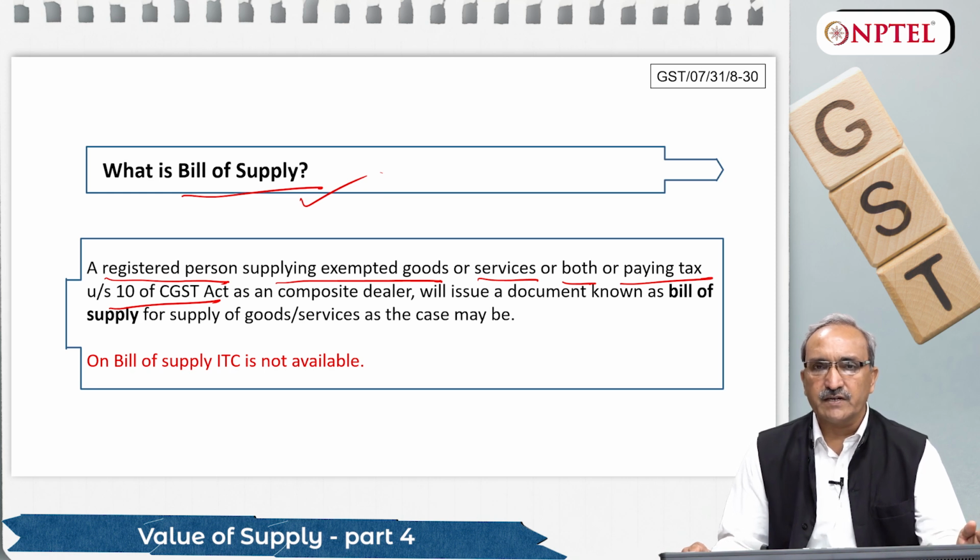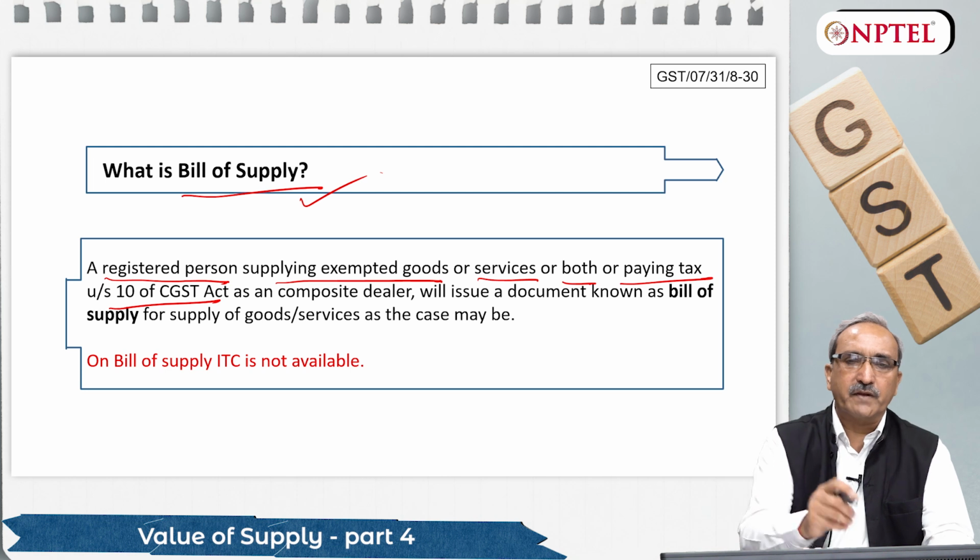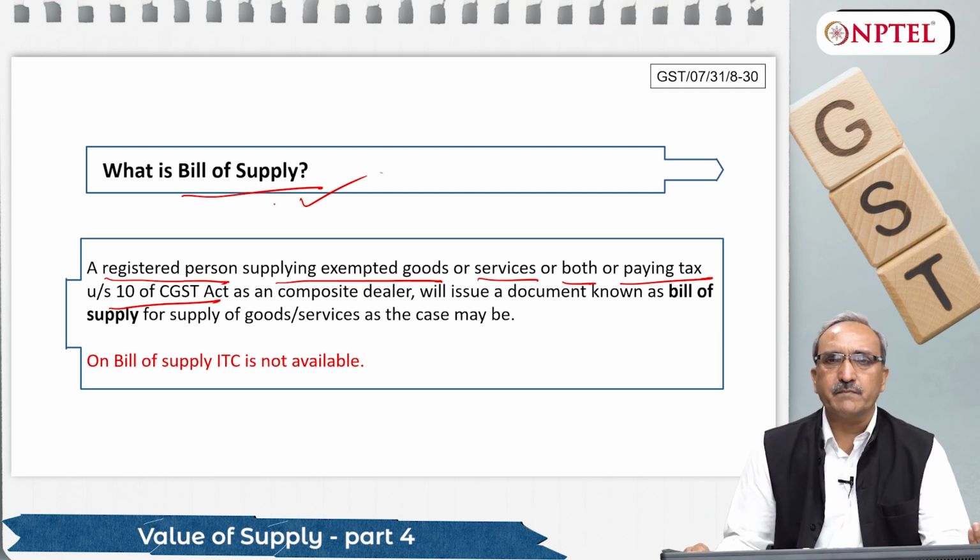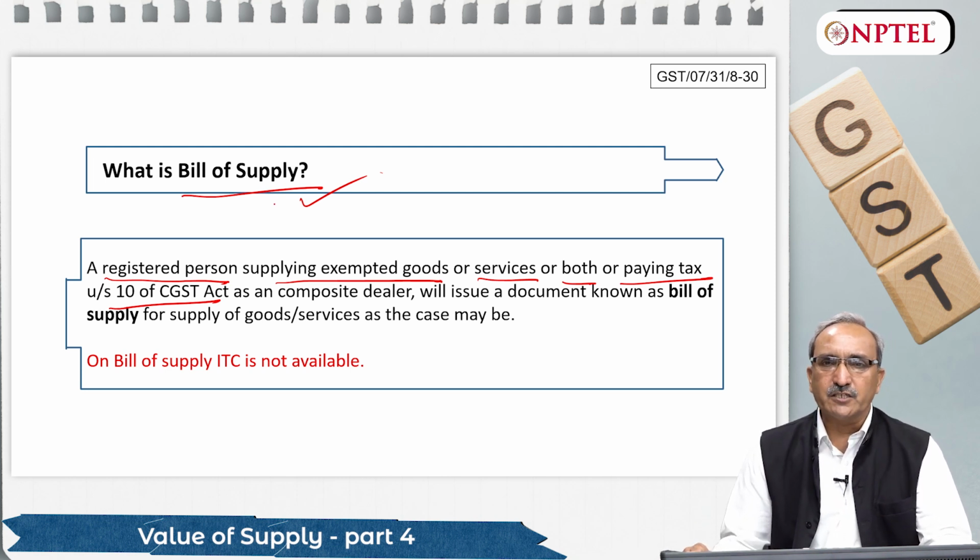So where a taxable invoice is not issued, and it is a case of exempted supply or a composition dealer, then a bill of supply document should be issued. It is nothing but an invoice only, but it will show that this is a bill of supply where GST is not paid on this document.